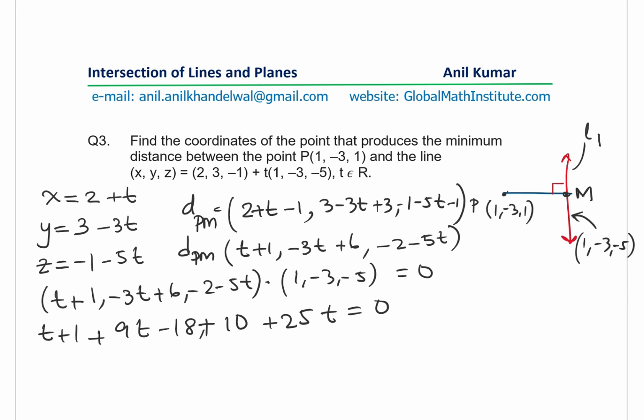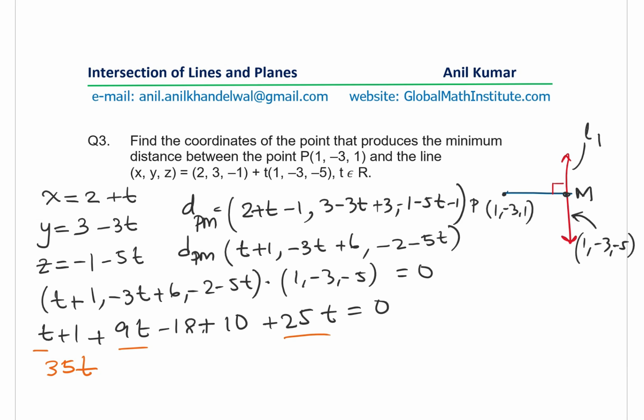So now let's add the terms here. As far as the t coefficients are concerned, let's add them. This is only 18, not t. Okay, so t will have 1, 9 and 25, these are the 3 values. So 1 + 9 + 25 is 35. So we have 35t.